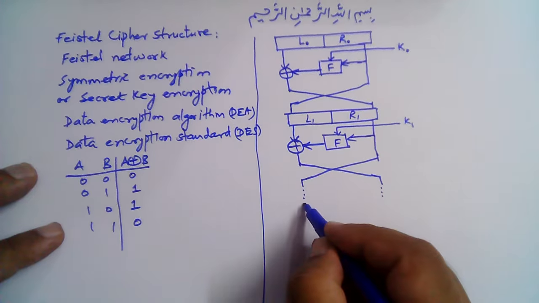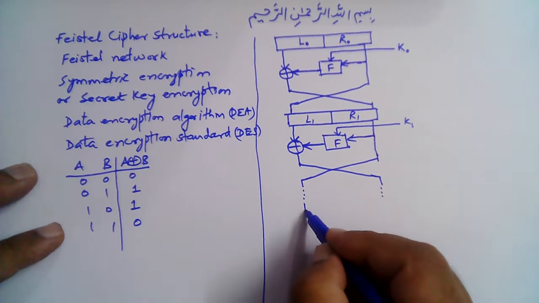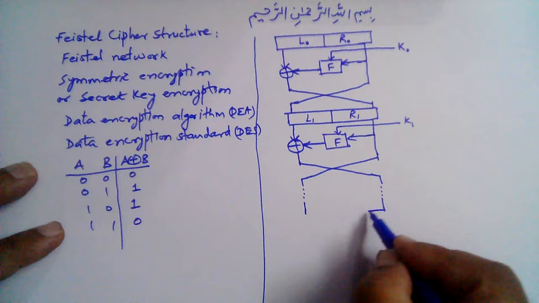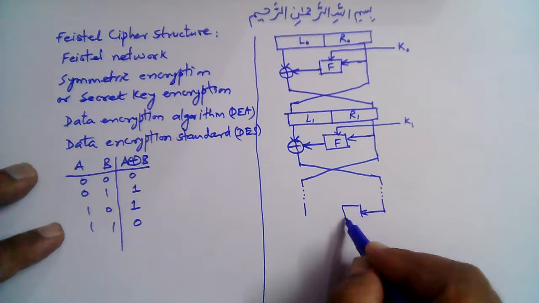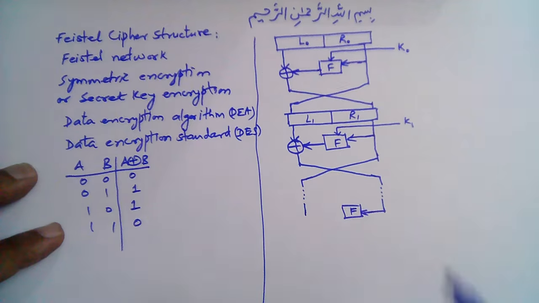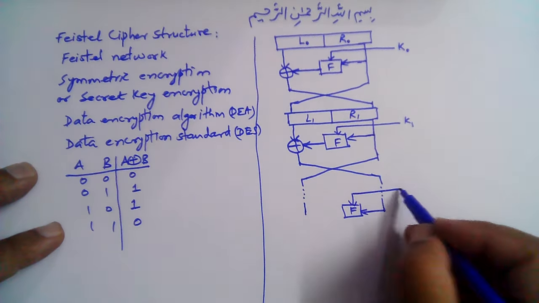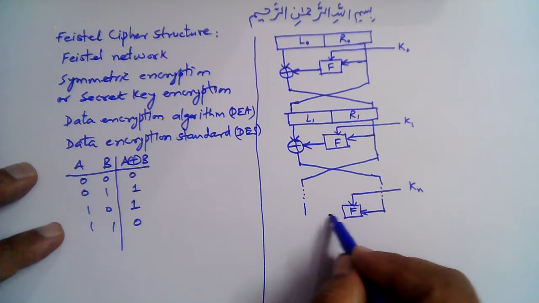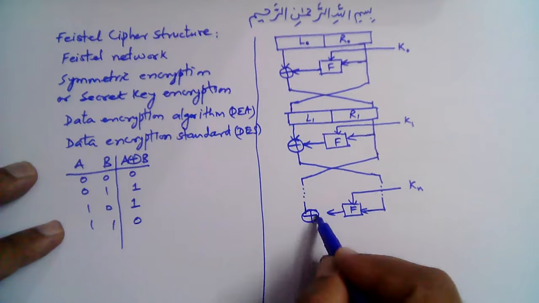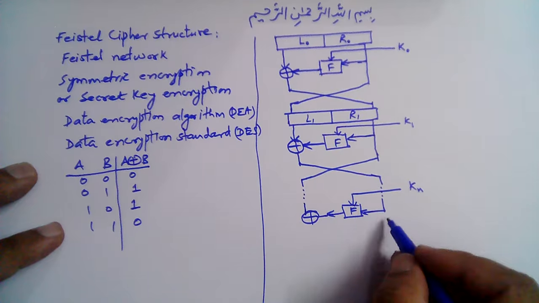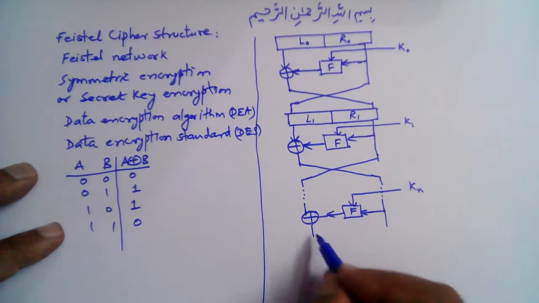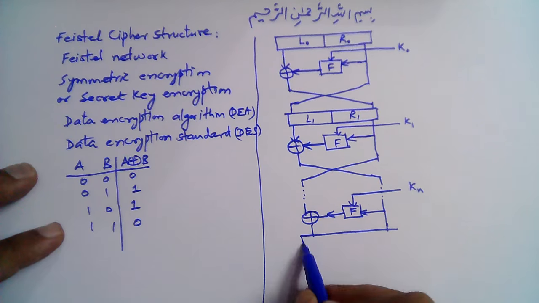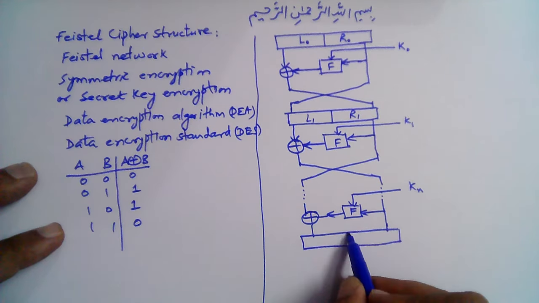In the final round, the data is fed to the function f along with a key, suppose kn, and the output is XORed with this half, and here we have our output, which is again divided into two parts.